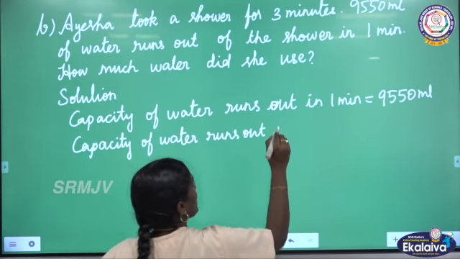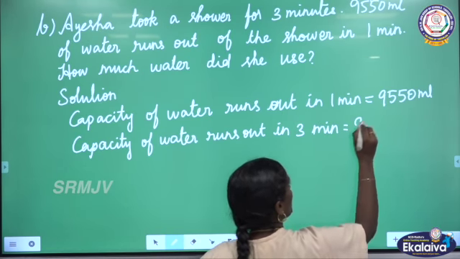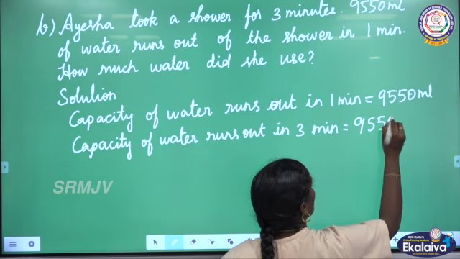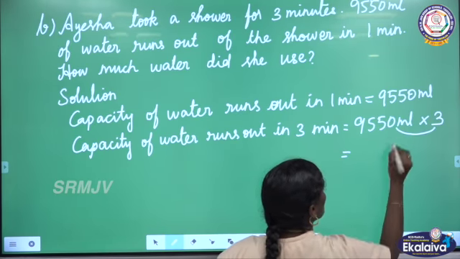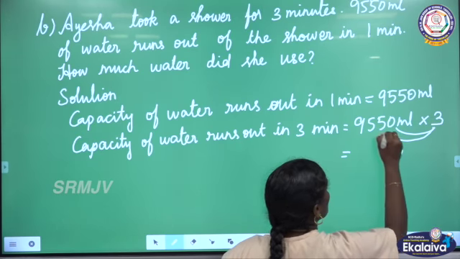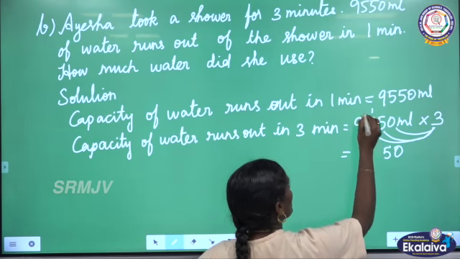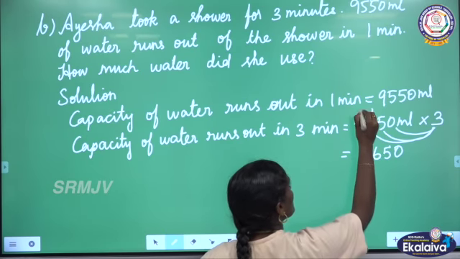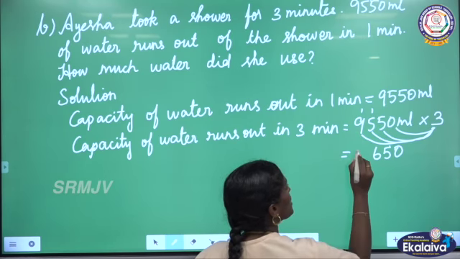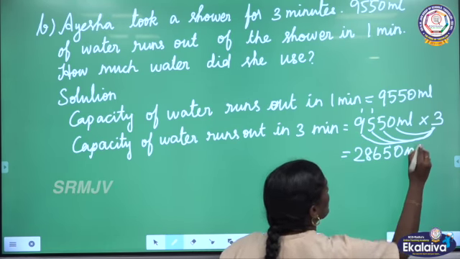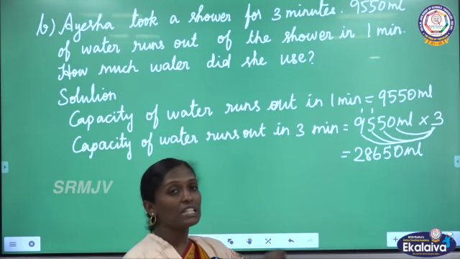So we have to multiply it by 3. 9550 milliliter into 3. Here 3 into 0, 0. 3 5s are 15. 5 here, 1 carry over. Again 3 5s are 15. 15 plus 1, 16. 6 here, 1 carry over. 3 9s are 27. 27 plus 1, 28. So that is 28,650 milliliter.